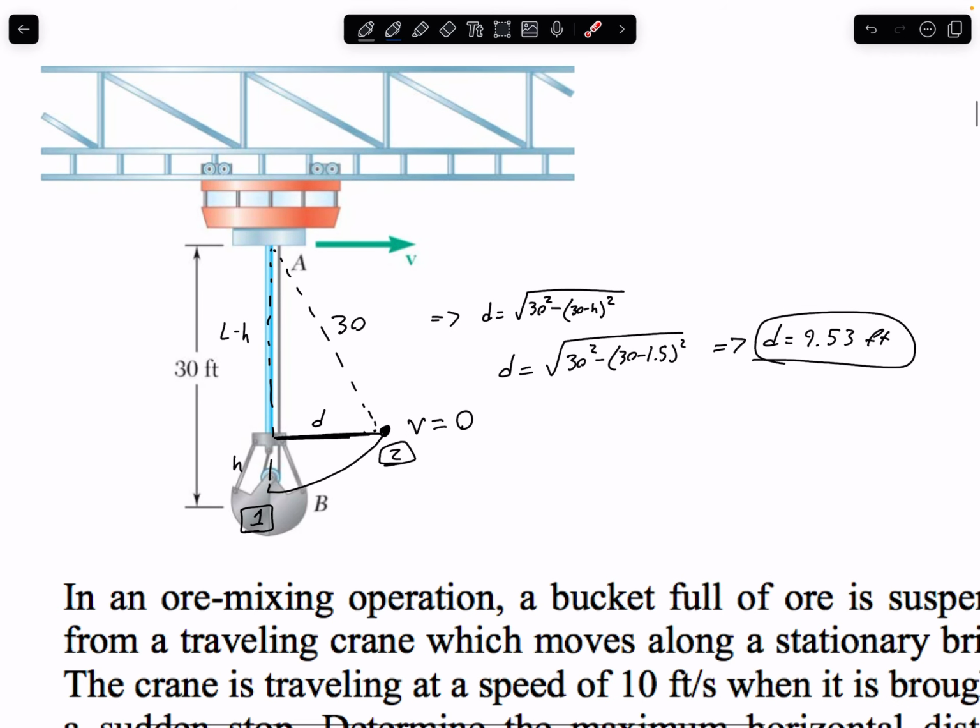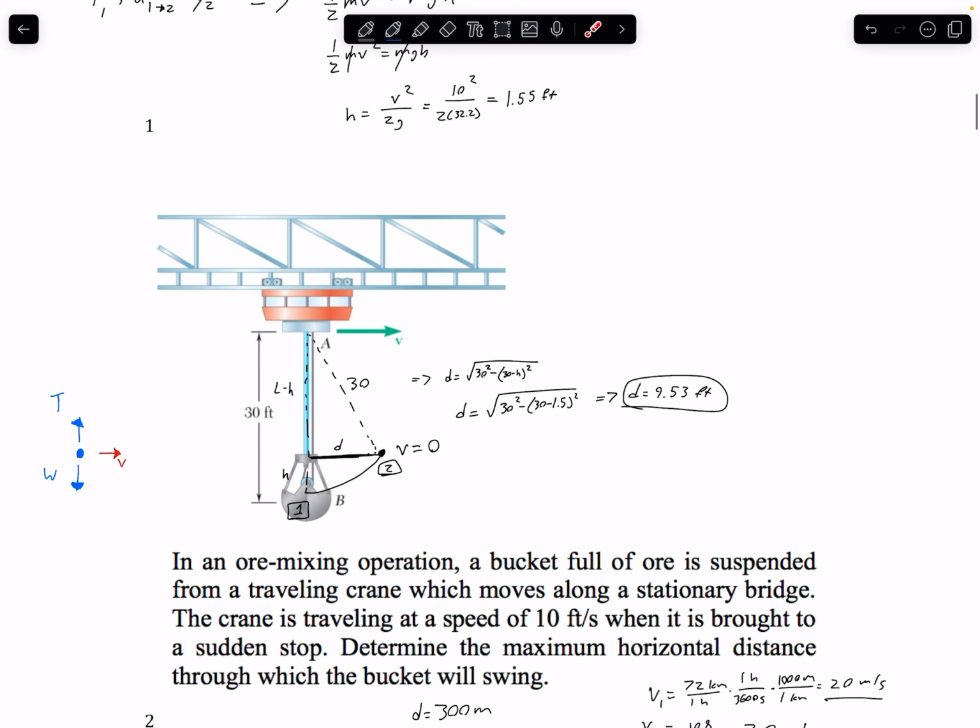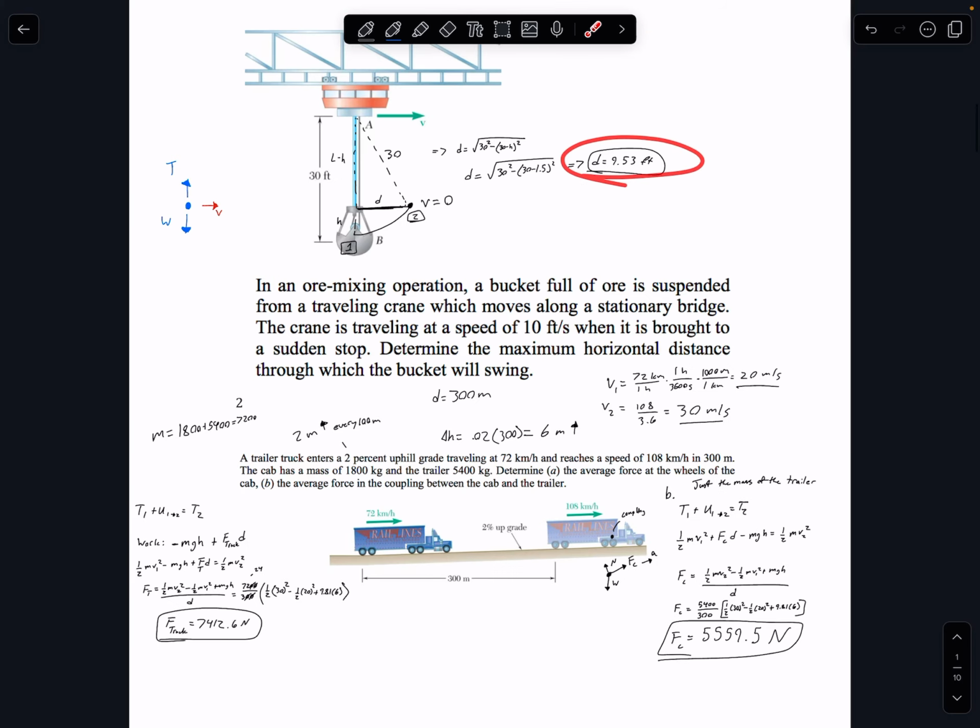And we know that d squared is equal to the length squared minus the length minus h, that we just figured out, squared. So again, we have all those variables, so d equals the square root of 30 squared, or the length squared, minus the length minus height squared, and we get that d is equal to 9.53 feet.